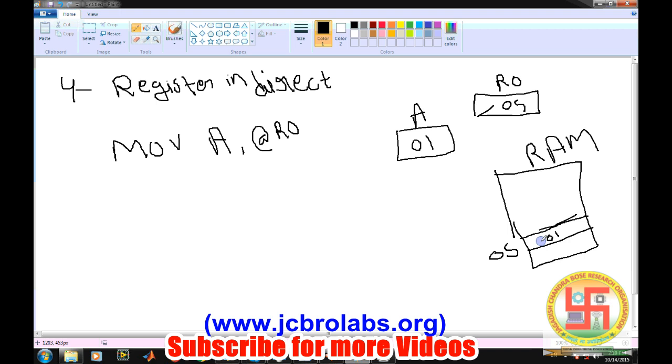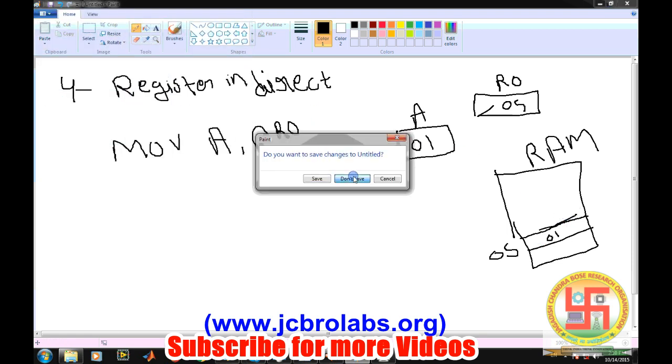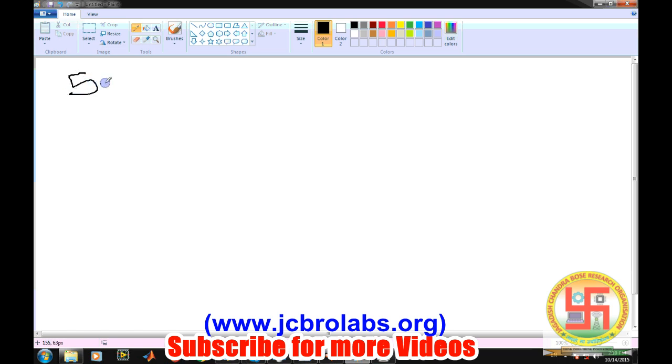Then we have the indexed addressing mode. Number 5 is the indexed addressing mode. This indexed addressing mode is used to access the data of ROM locations.